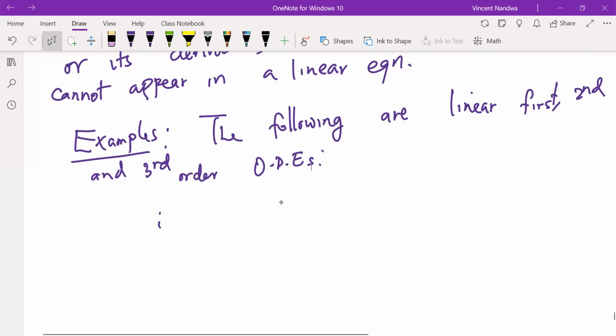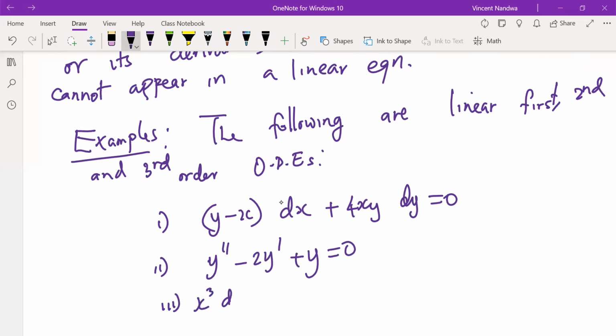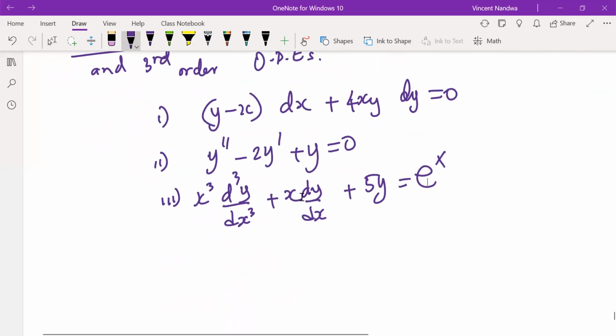These equations are: 1, (y minus x) dx plus 4xy dy equals 0. Number 2, y double prime minus 2y prime plus y equals 0. Number 3, x cubed d cubed y/dx cubed plus x dy/dx plus 5y equals e raised power x. All these are linear.